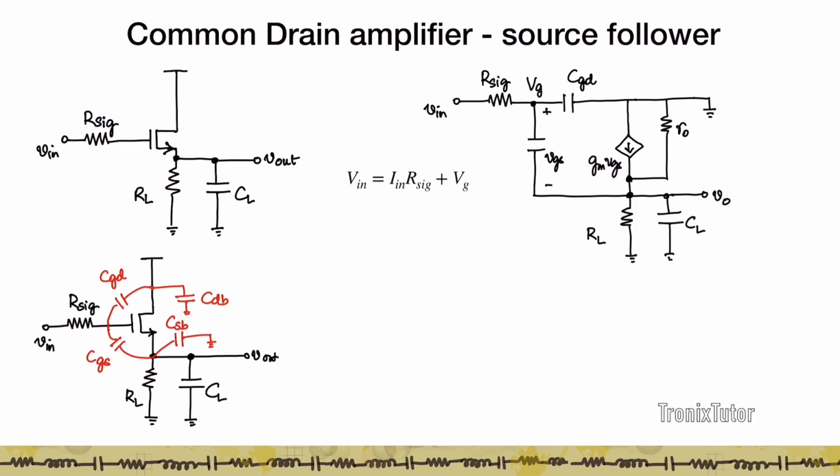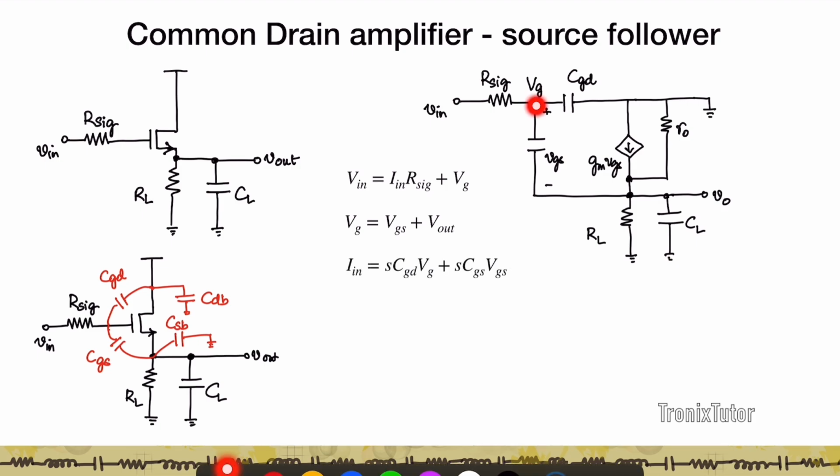So let's solve the circuit. So first thing is, you know that Vin is written as the voltage across R sig plus the voltage at this node. So if I call this node Vg, then In R sig plus Vg is the total input voltage. Vg is given by Vgs plus V out. Again, this is similar to what we've done when we did the source follower analysis.